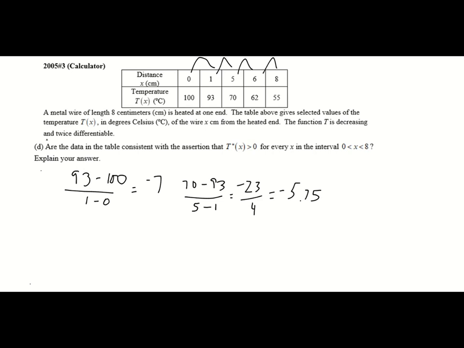Then the next one would be 62 minus 70 over 6 minus 5, which would be negative 8 over 1. And then finally, 55 minus 62 over 8 minus 6 gives us negative 7 over 2, which is negative 3.5.